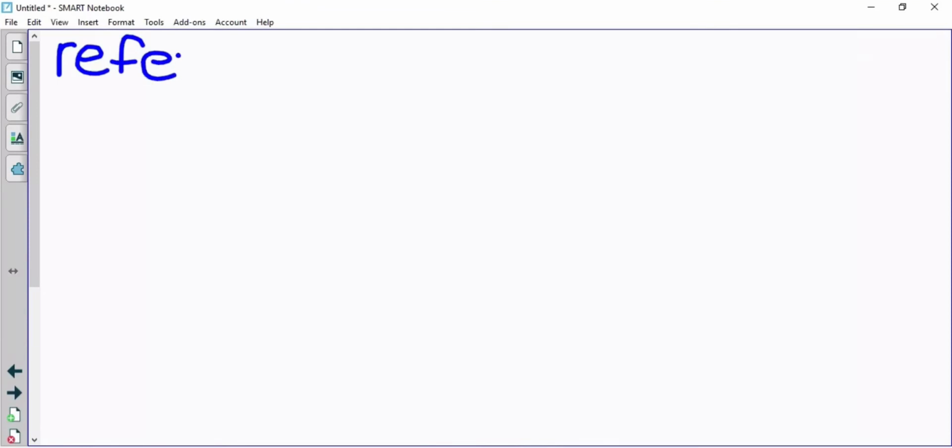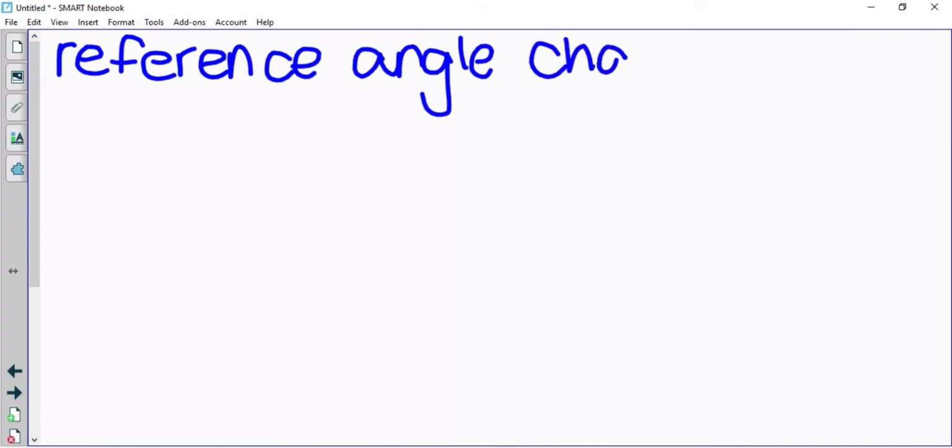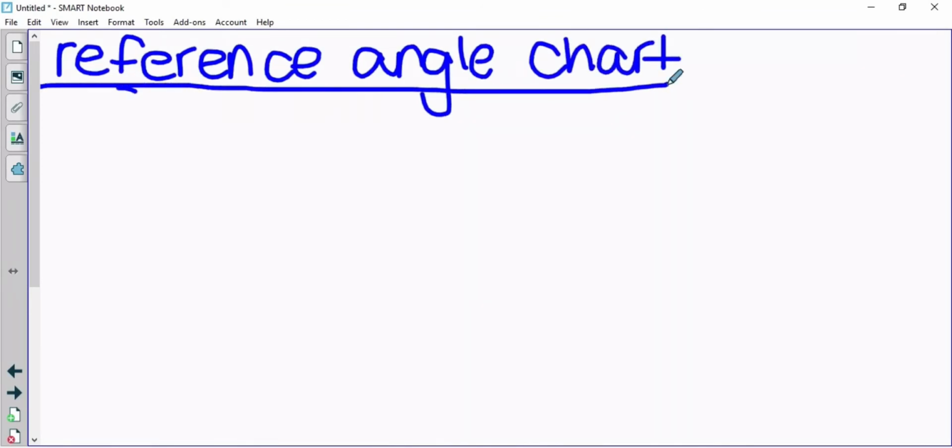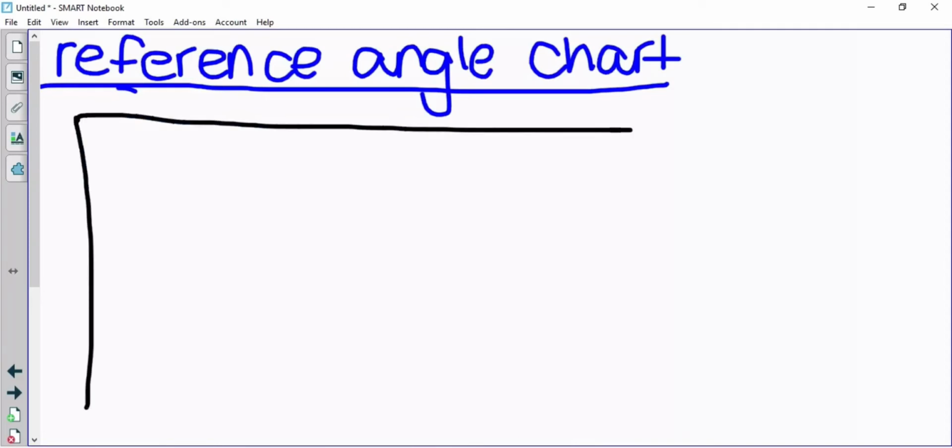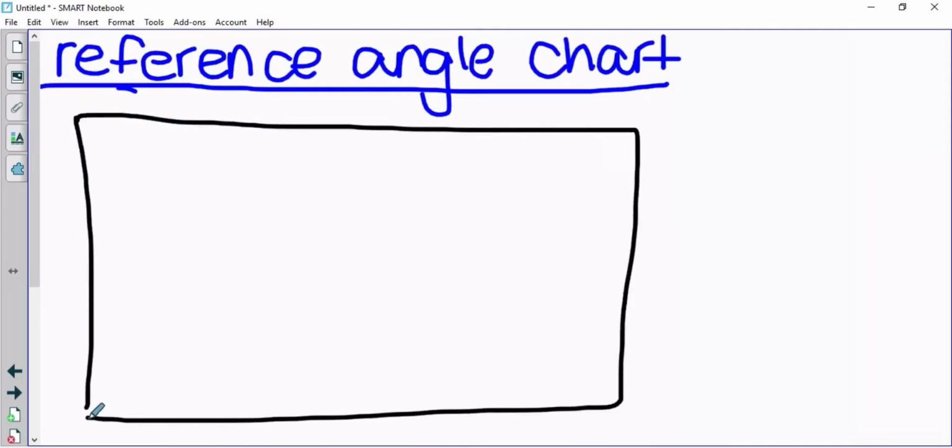Well, what we could do is make what's called a reference angle chart. And this chart is going to be like your lifeline to evaluating these. So when I set up my reference angle chart, I'm just going to draw a big box for a chart. On the top left, I'm going to write degrees.